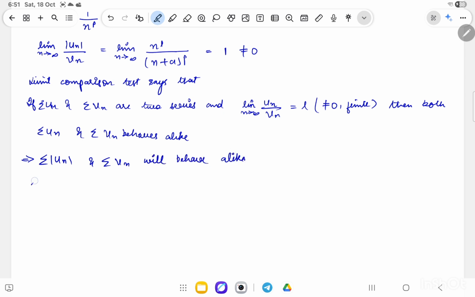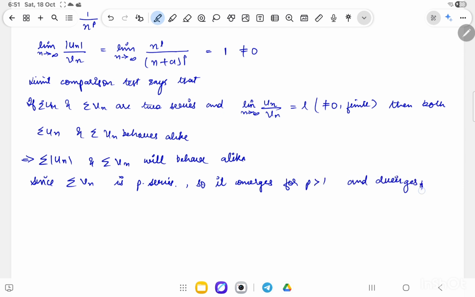And since summation vn is a p series, we know its behavior. It converges for p greater than 1 and diverges for p less than or equal to 1.